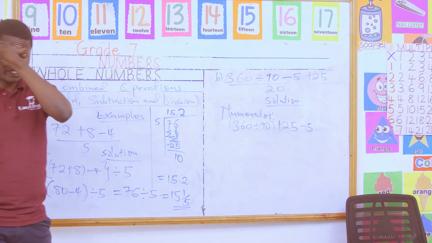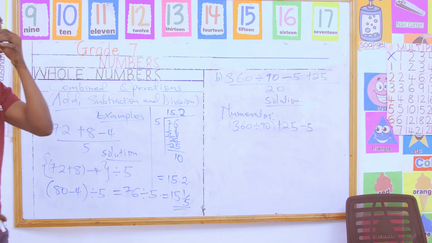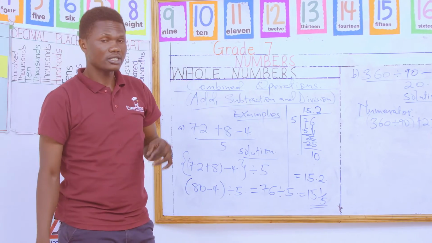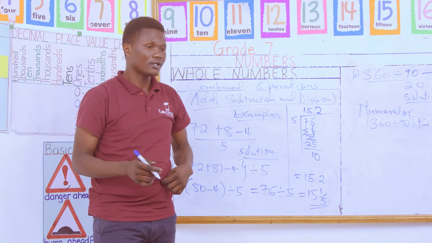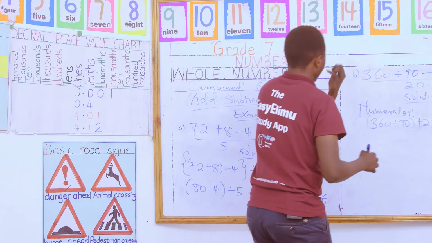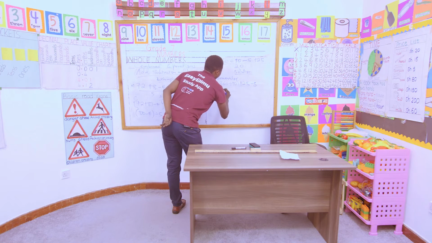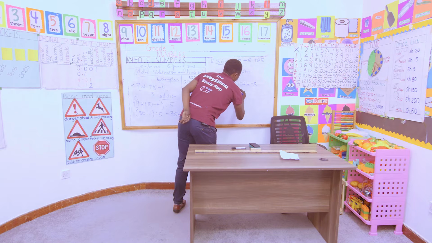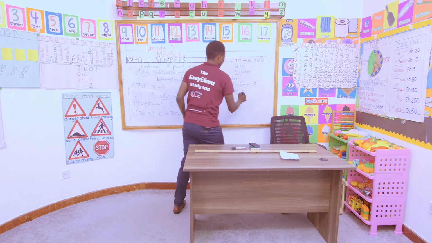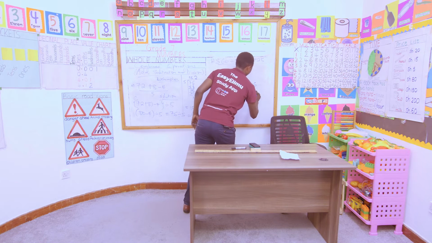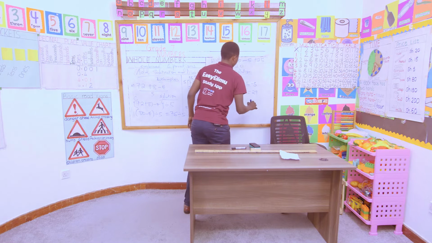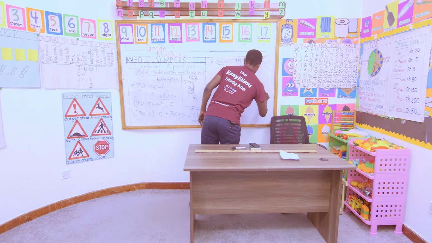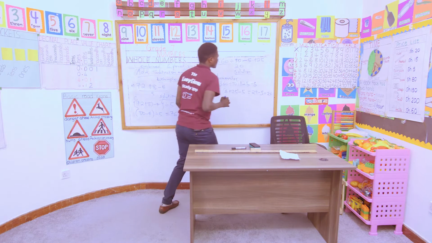Do that for me very fast. If you divide 360 by 90, what do you get? Yes, Angela? Good, correct. You will get 4. So you'll have 4 from the first bracket, you'll get 4 plus 25 minus 5. We are still dealing with the numerator. So we shall have 29 minus 5, which gives us 24.